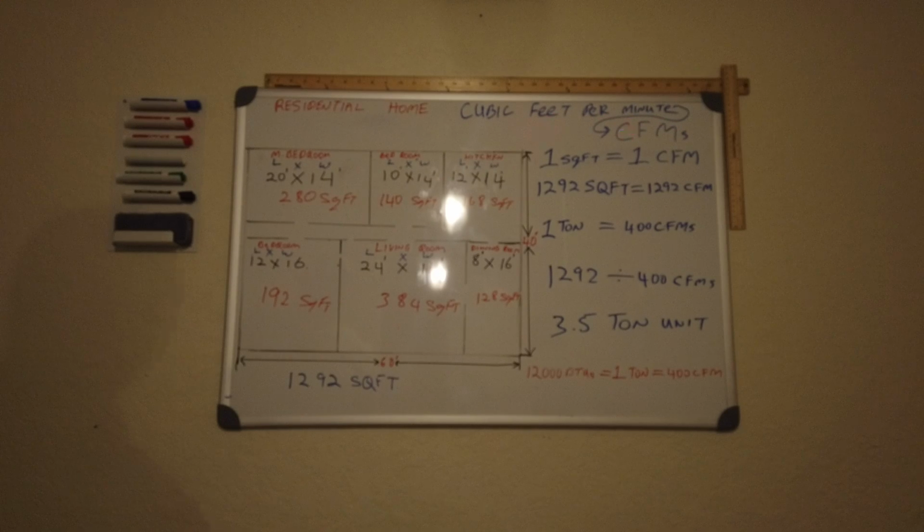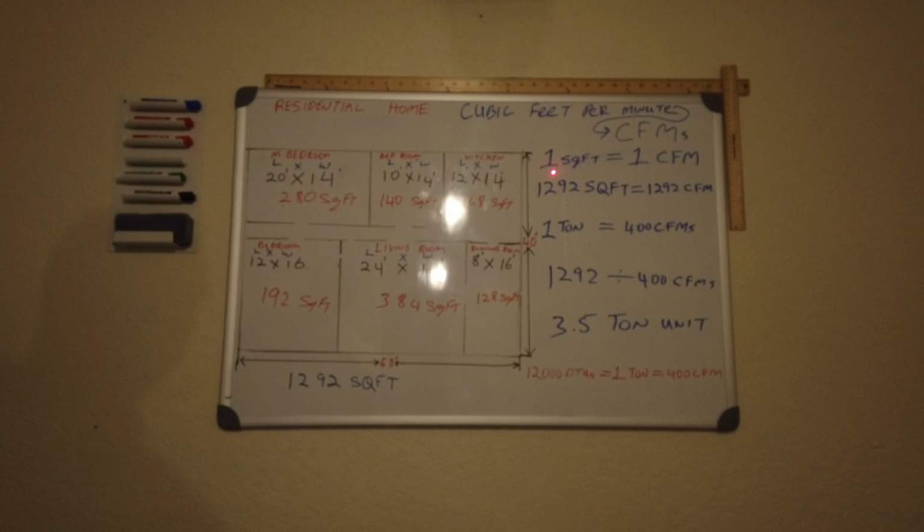Air is measured in cubic feet per minute. Your formula to figure out how much air you need per square foot is, for the ventilation rate, 1 square foot needs 1 CFM to satisfy it. So it's a 1-to-1 ratio.